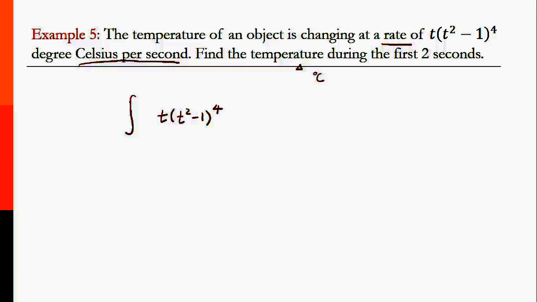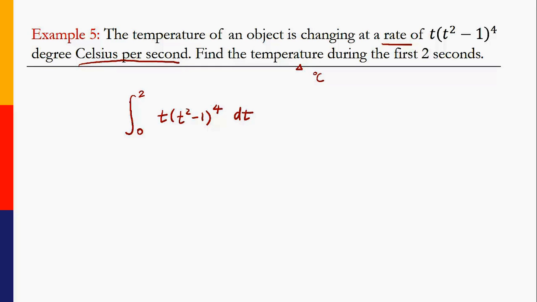In order to find the temperature, we will need to integrate the rate of change, t times t squared minus 1 to the 4th power, with respect to t. And because the question is asking us to find the temperature for the first 2 seconds, we will need to integrate the rate of change over the interval 0 to 2.